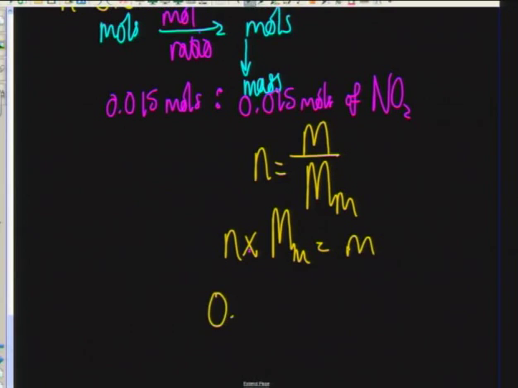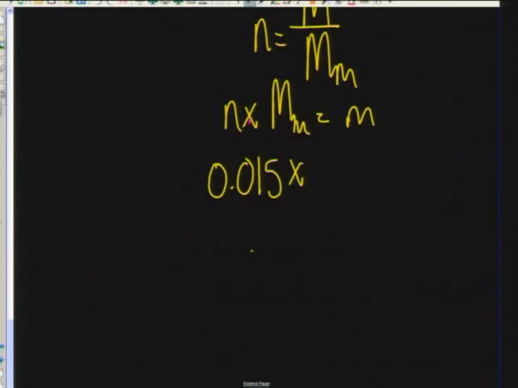My number of moles is 0.015. My molar mass, well, that's something I need to quickly go and work out. So on the side, molar mass of NO2. Well, nitrogen, previously in this question, I found on the periodic table it was 14. Oxygen was 16, but hold on, we've got 2 of them.